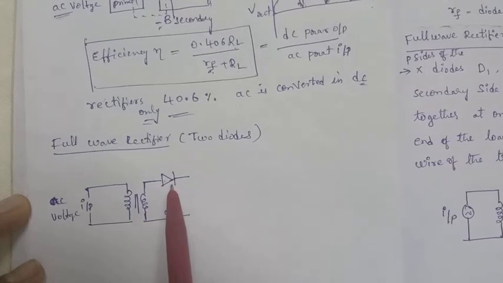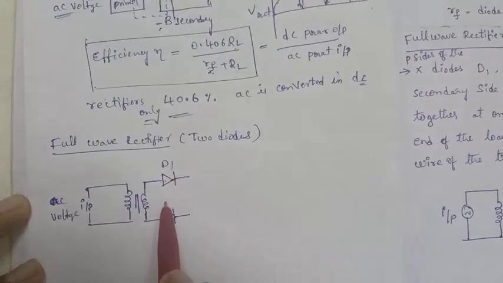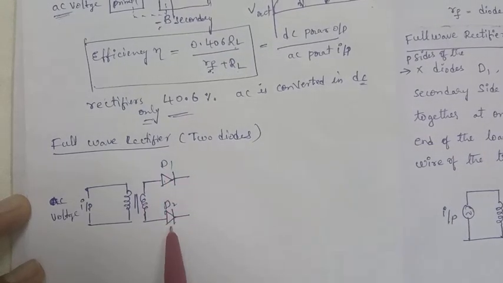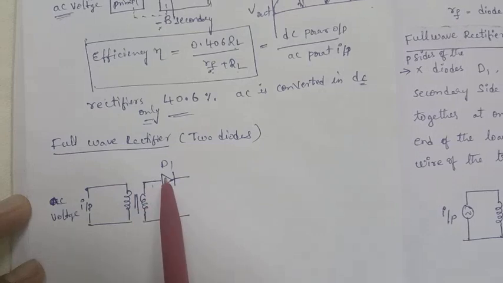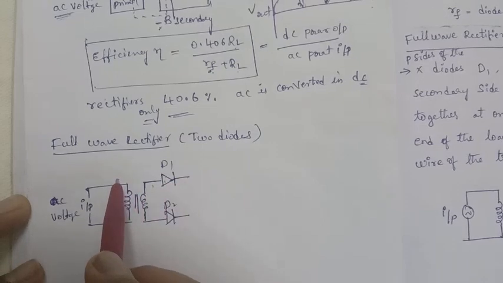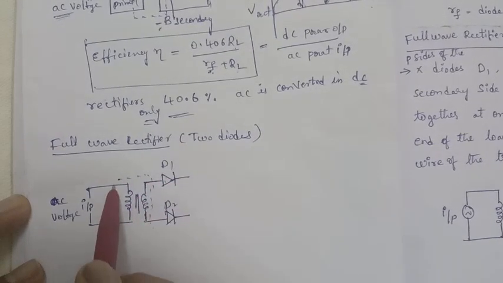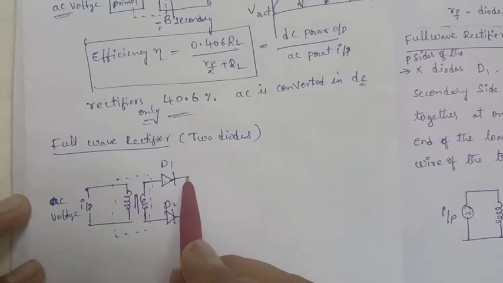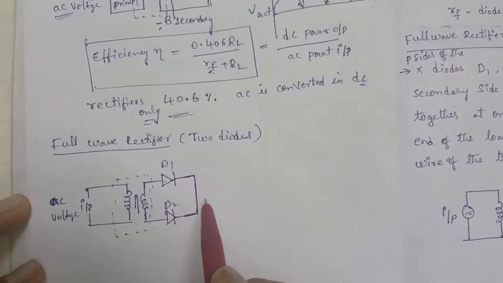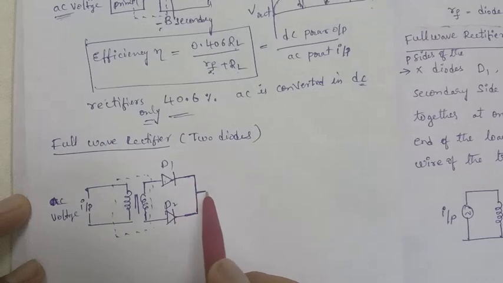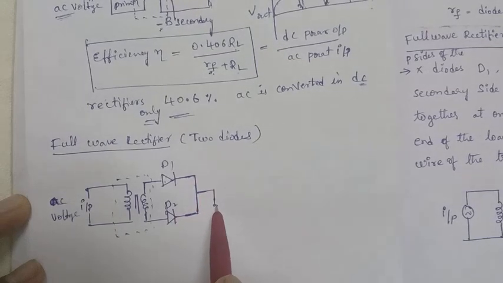The P sides of the diodes D1 and D2 are connected to the terminals of the secondary side of the transformer, and the N sides are connected together, and the end of these together is connected to the load resistor.